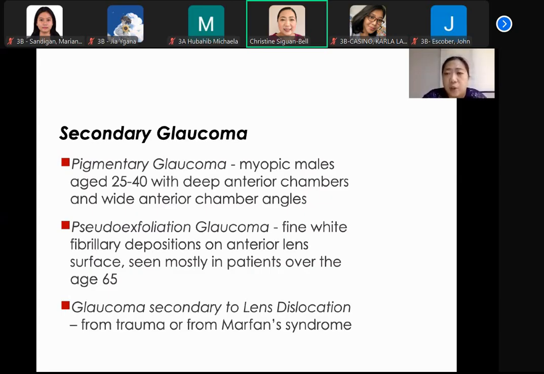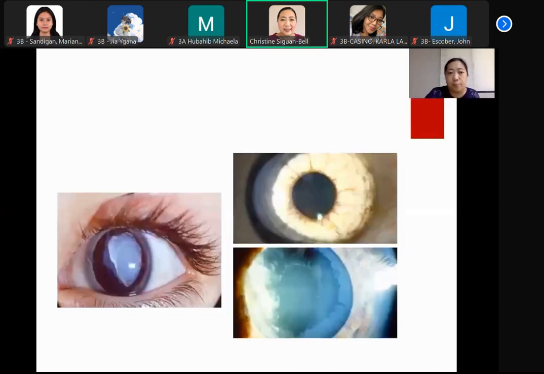In pseudoexfoliation glaucoma, there will be fine white fibrillary deposition on the anterior lens surface that will block the trabecular meshwork and cause increased intraocular pressure. It is also commonly associated with very weak lens zonules, which will make cataract surgery difficult in these cases. Glaucoma secondary to lens dislocation may be from trauma or a congenital condition called Marfan's syndrome.